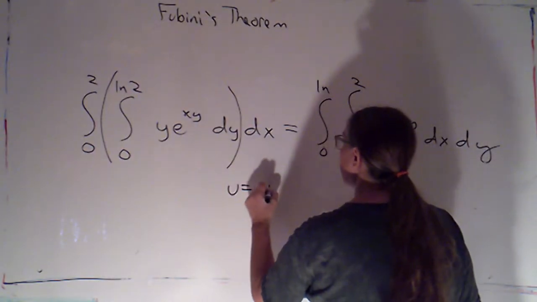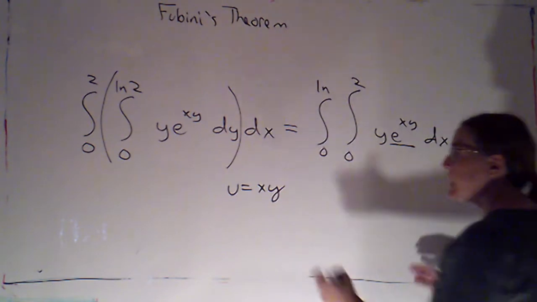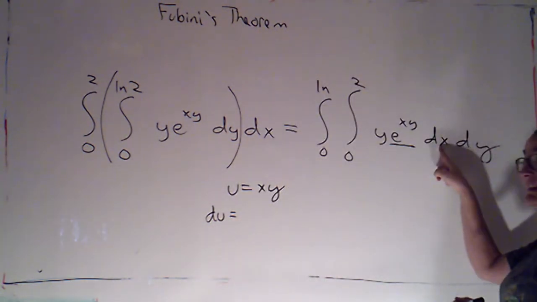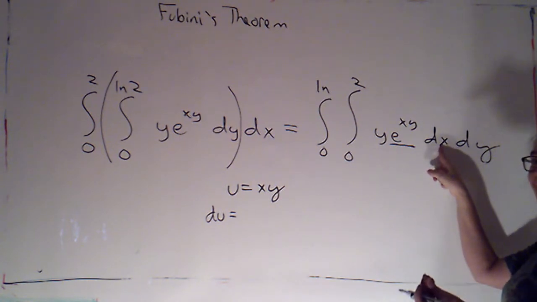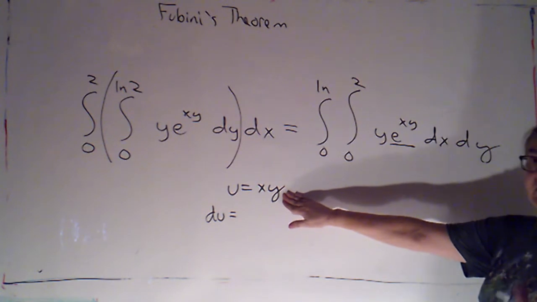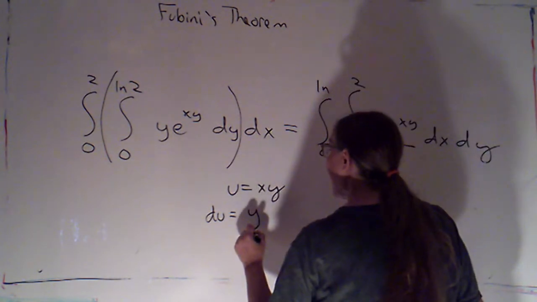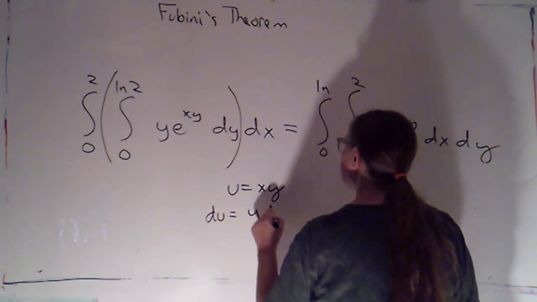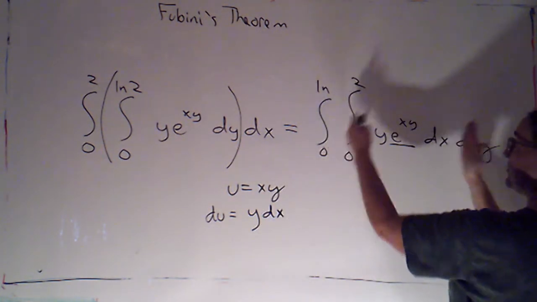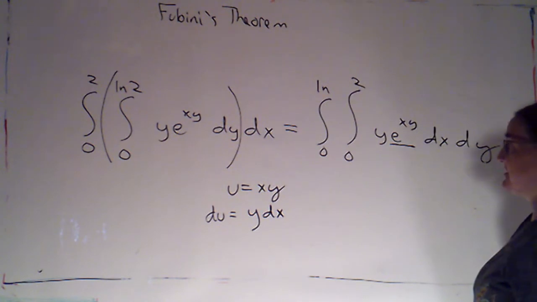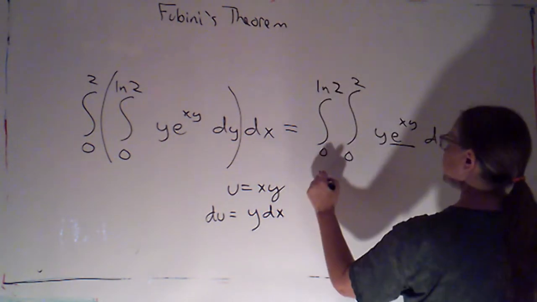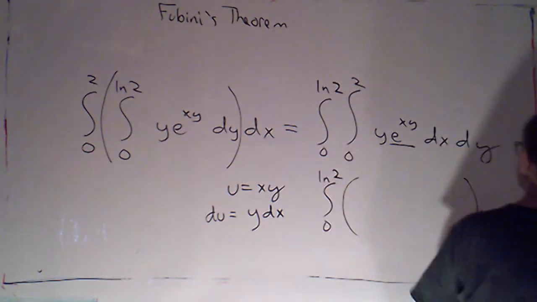U would equal x times y. So du, remember I'm treating x as my variable and y as a constant. So the derivative with respect to x of x times y would just be y. So du is y dx. For the purposes of this inside integral, y is just a constant. This is great. Now I've got the integral from 0 to the natural log of 2.